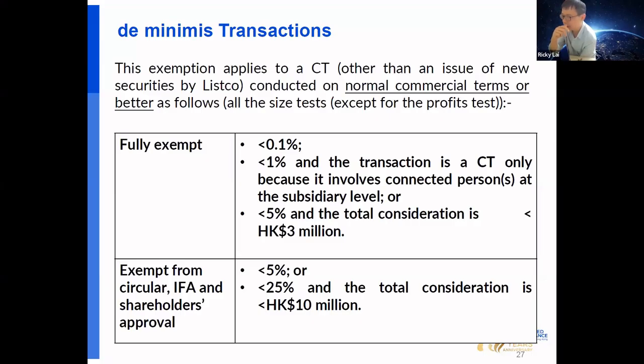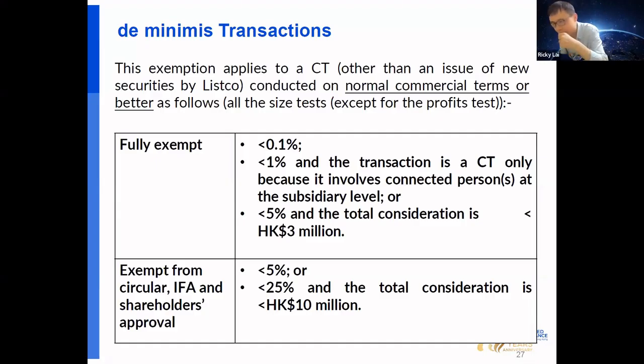That is, in order to enjoy full exemption, all the size test results should be less than 0.1%. Or, if the connected person is at the subsidiary level, less than 1%, and the transaction is a CT only. Or less than 5%, and the total consideration is less than HK$3 million. Okay, so the CT can enjoy full exemption.